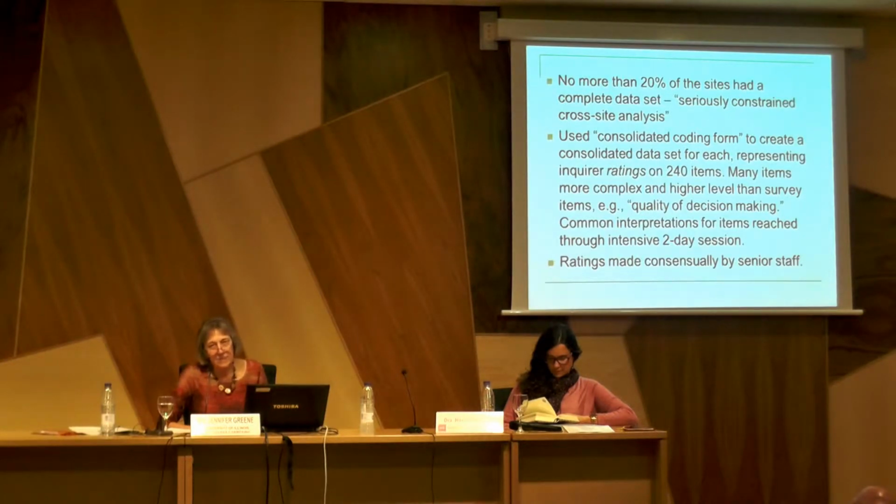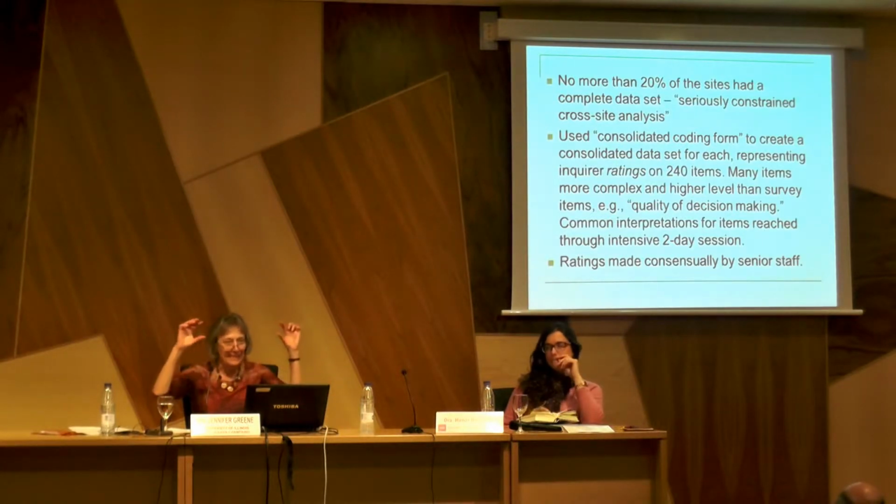So to say this a little more clearly, they had a lot of data from surveys, observations from teachers, from school leaders, from observations of what was going on in the classroom about implementation of these curriculum and staff development materials. Lots of data at the level of classroom and teacher. 20% of that was complete for each school.